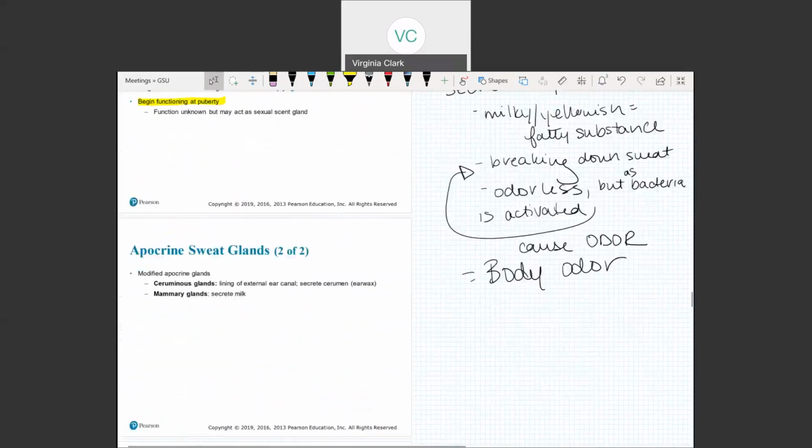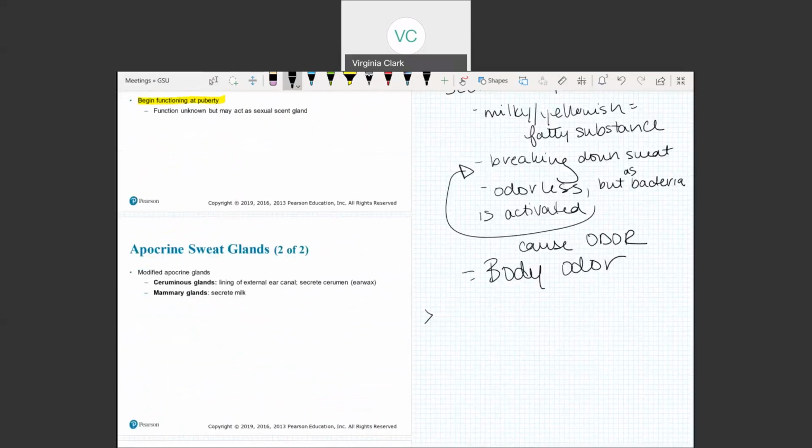You also do have two types of modified sweat glands, or modified apocrine glands. The first type is going to be the ceruminous glands, and this is where you are going to have essentially your earwax.